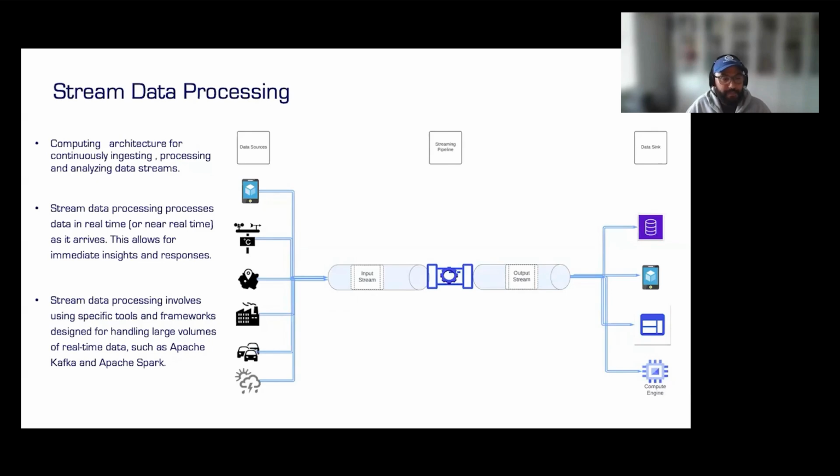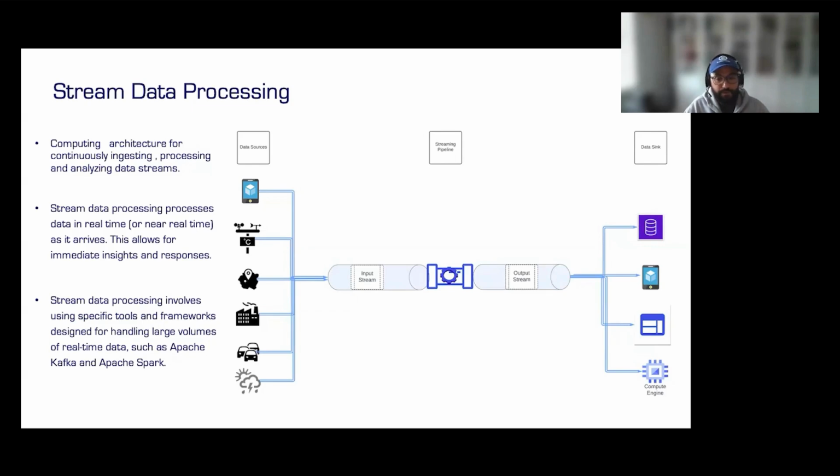Having this in place will allow us to process data in real time or near real time, as I mentioned already, to get insight or responses to the changing world.